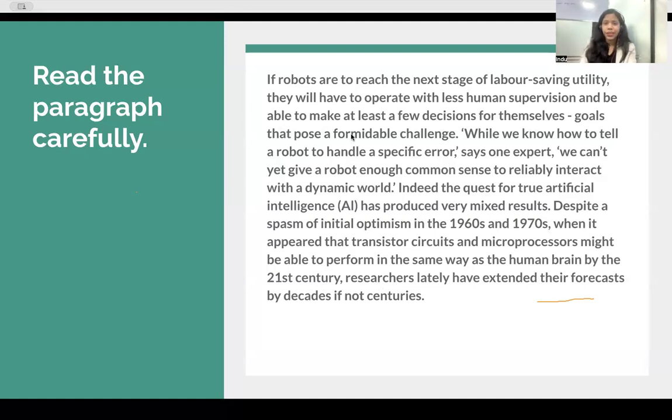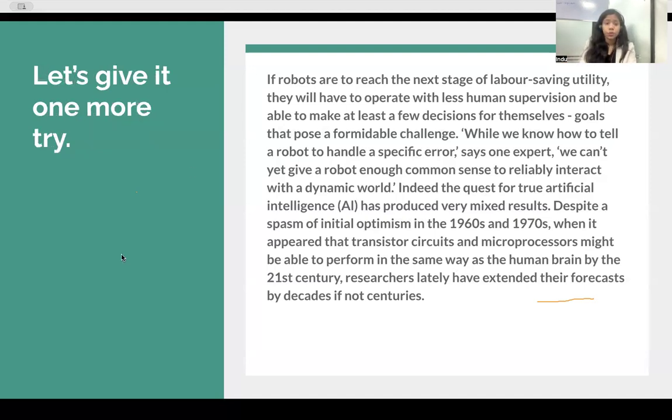Okay. So basically, they have talked about how robots need human supervision. We thought that human supervision would not be required and that they would be self-efficient pretty soon, but it seems they're going to take more time, right?